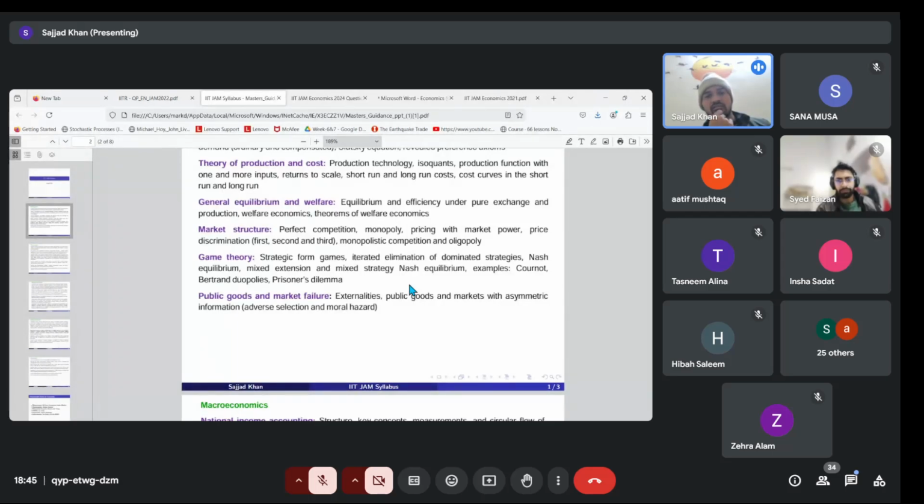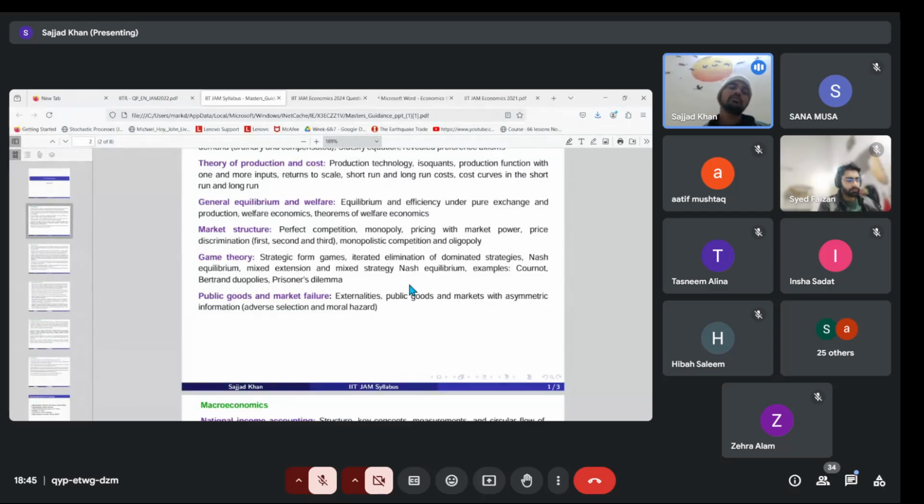Cournot and Bertrand are not specifically asked in game theory, but in market structure they ask about Stackelberg and somewhat Cournot also. Prisoner's dilemma is very well known in game theory for Nash equilibrium.